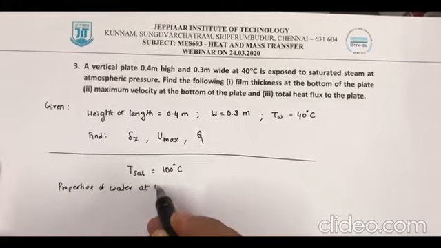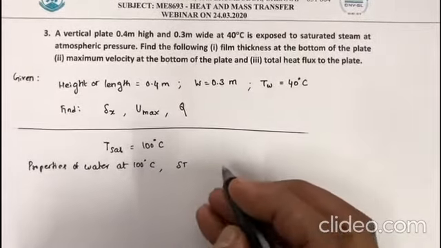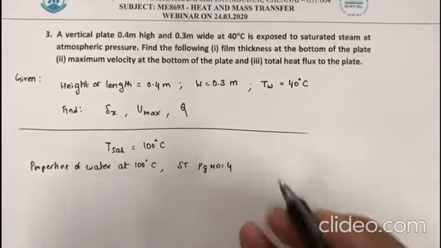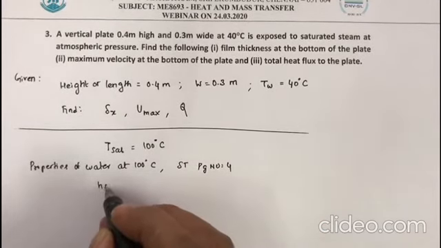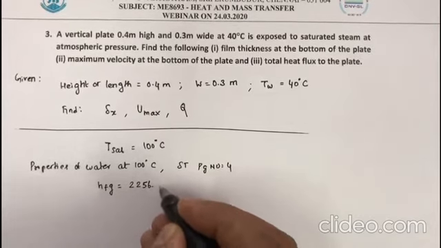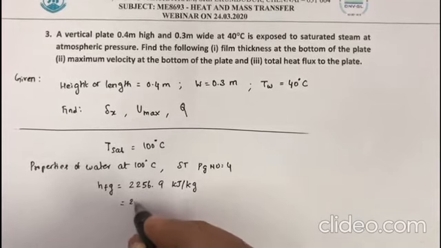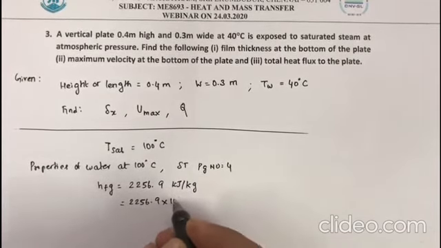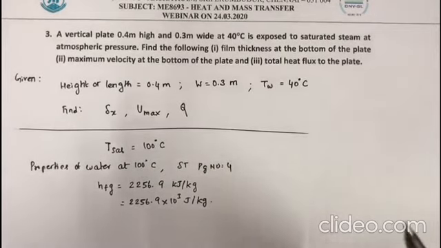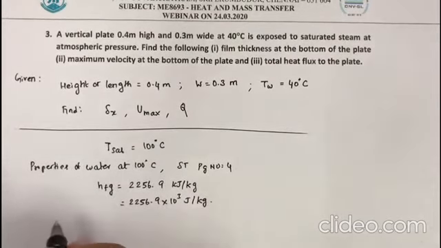At 100 degrees Celsius, from the steam tables, page number 4, you just have to find the hfg value, 2256.9 kilojoules per kg, which is 2256.9 into 10 power 3 joules per kg. Please remember that substituting in kilojoules is a crime, so please convert it into basic units.